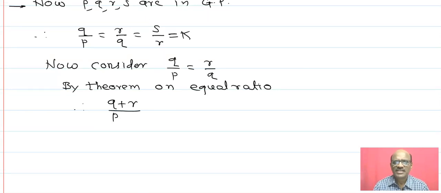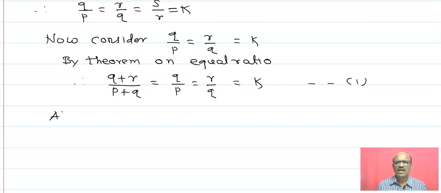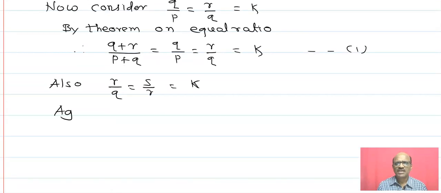Therefore, by using the theorem on equal ratios that you have learned in the 9th standard, that is, if the value of each ratio is equal to k, then q upon p is equal to r upon q is equal to k, then the sum of the numerators upon the sum of the denominators, that is q plus r upon p plus q, is equal to k. This is one.